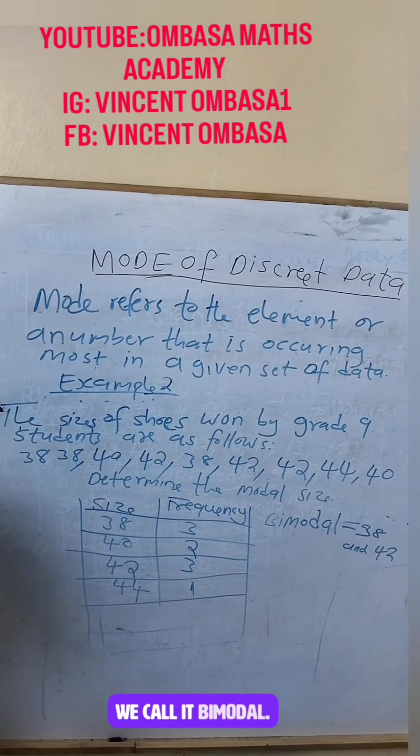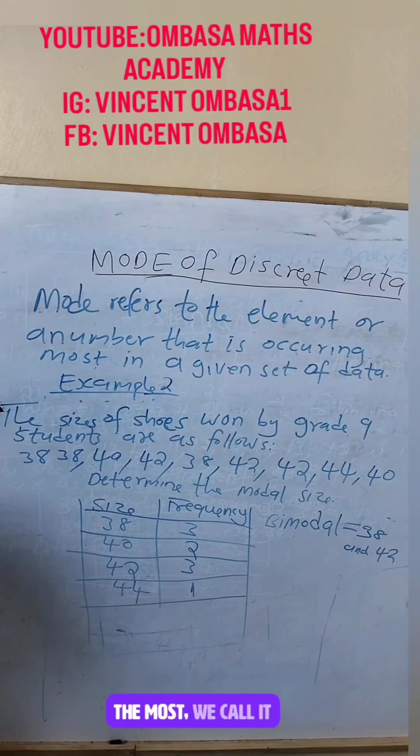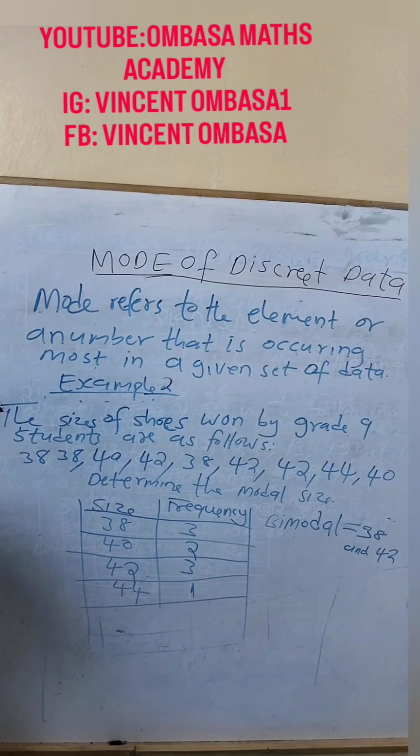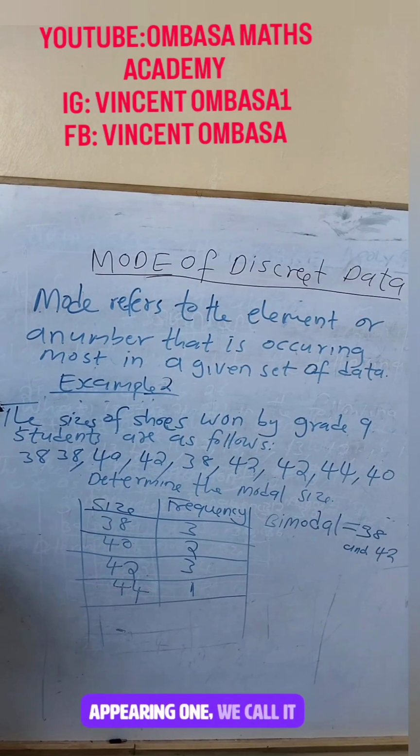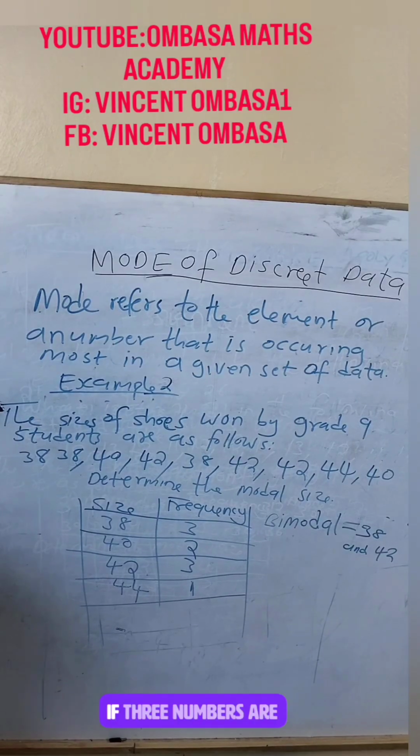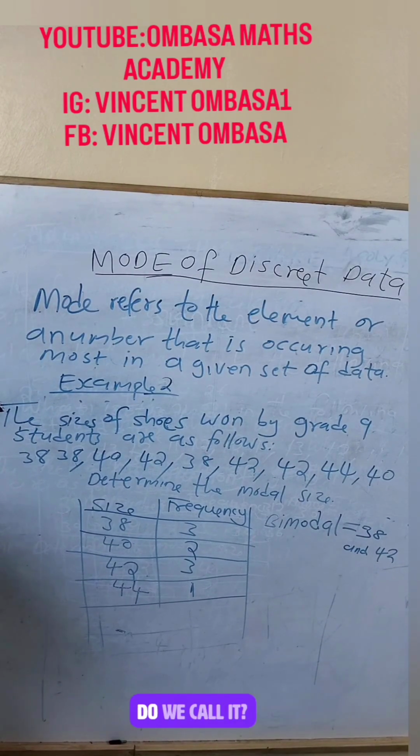We call it bimodal. If two numbers are appearing the most, we call it bimodal. If one number is appearing the most, we call it a mode. If 3 numbers are appearing the most, what do we call it?